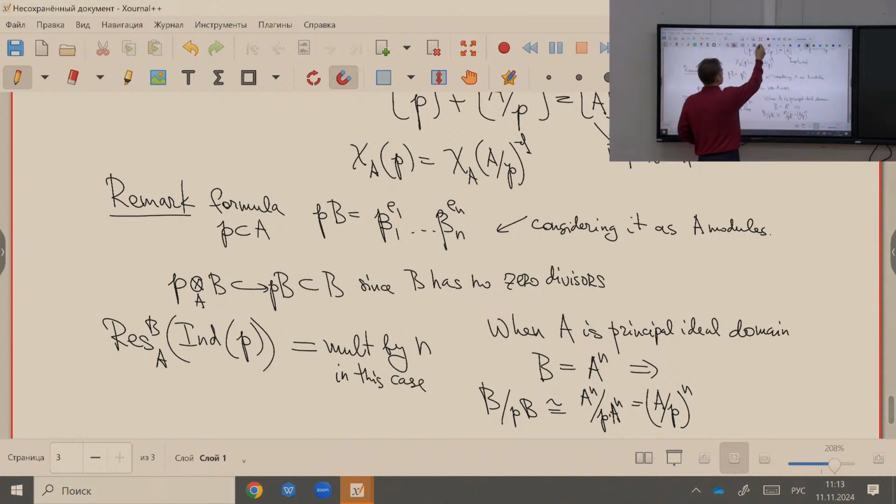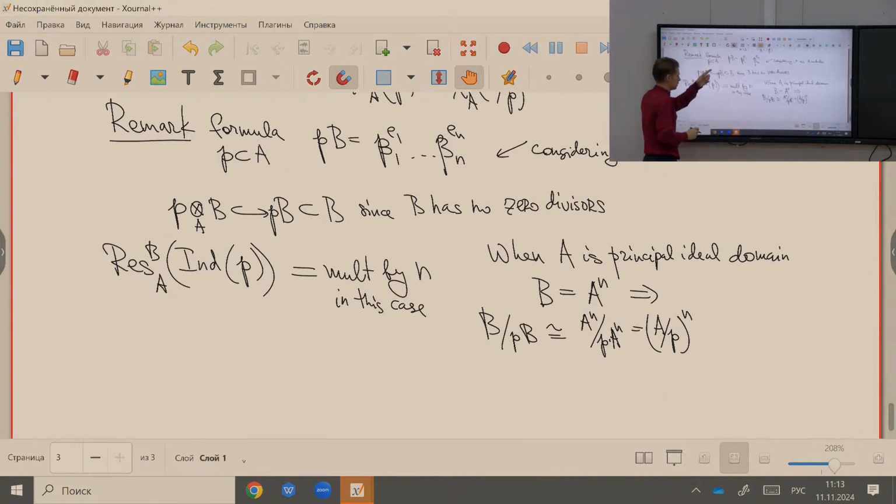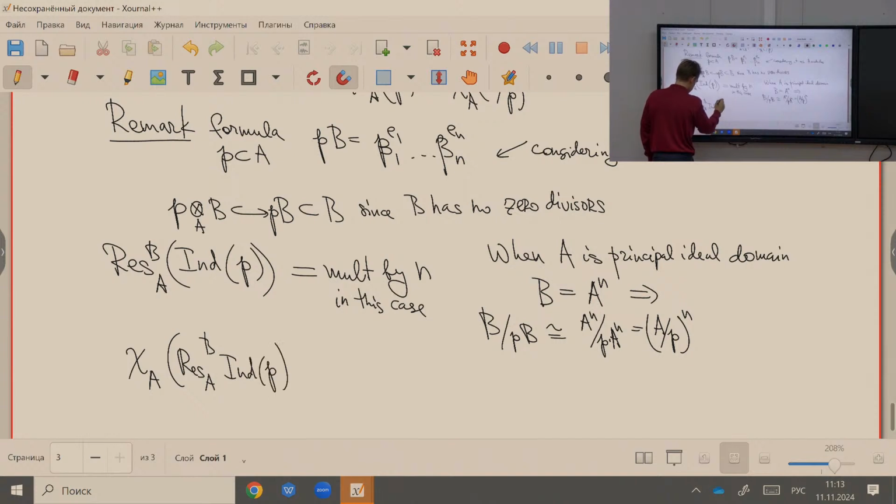And if you apply this character, then if you apply chi of A, you will notice that this is also multiplication by n. If you apply chi of A to restriction and induction, you shall get the application of norm. So taking restriction is equivalent to application of norm to beta_1 E_1.